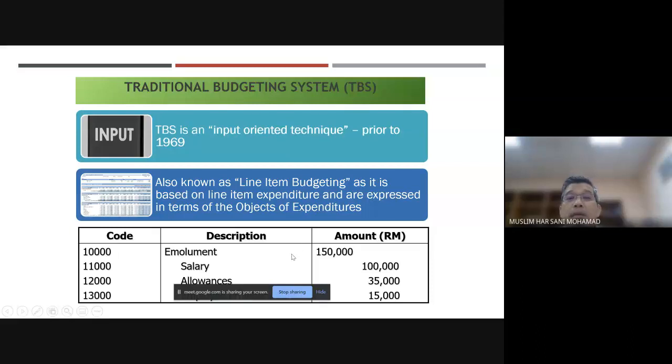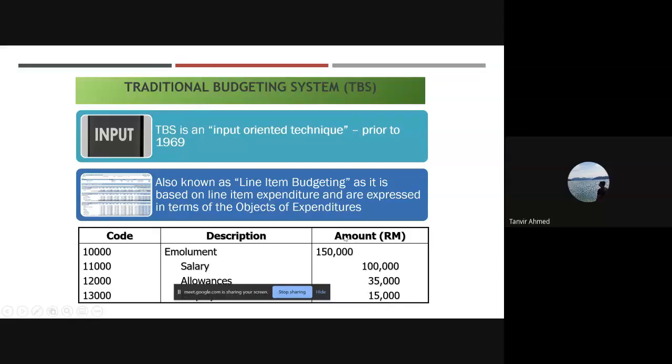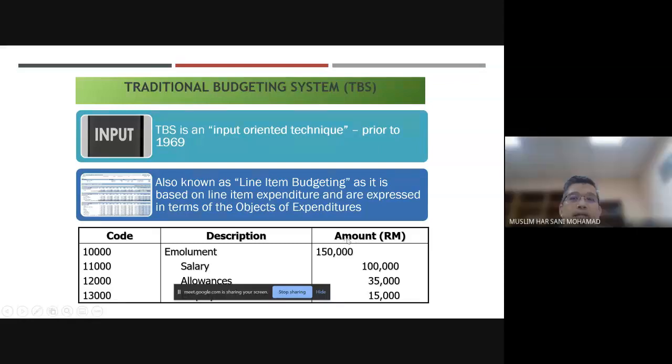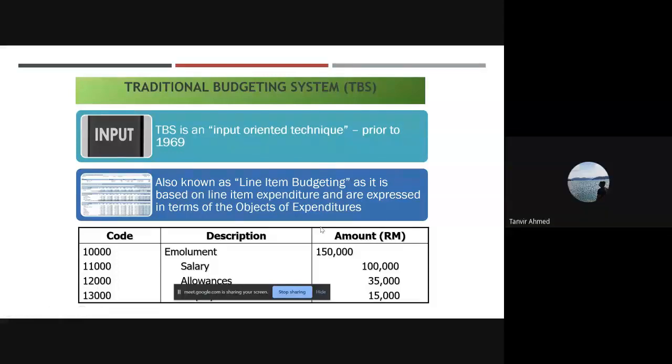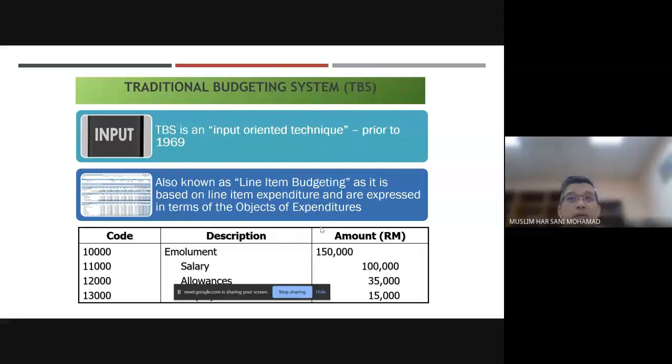By right, they become equal at the end of the year, so the amount spent should be 150,000, which will enter into the general ledger. That's how it is reconciled. GL shows the balance, is it? GL shows the amount, the total amount spent.